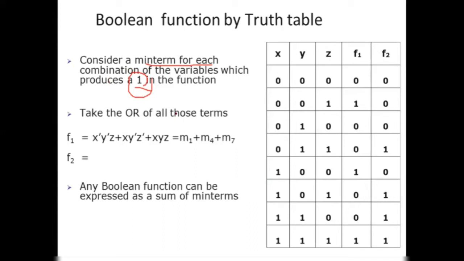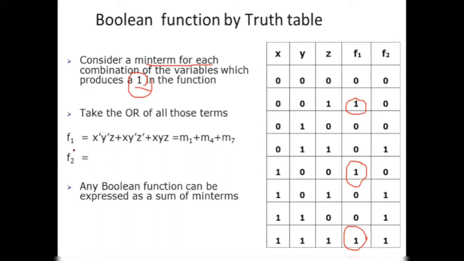So the first way of answering this question is writing the function as a set of min terms. When you are writing the function as a set of min terms, you have to consider the ones in the F1 field. How many ones are there? There are 3 ones in the F1 field.